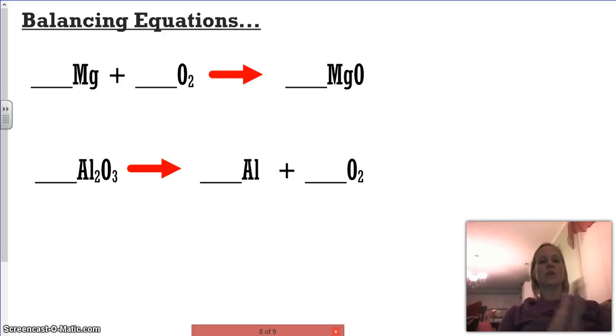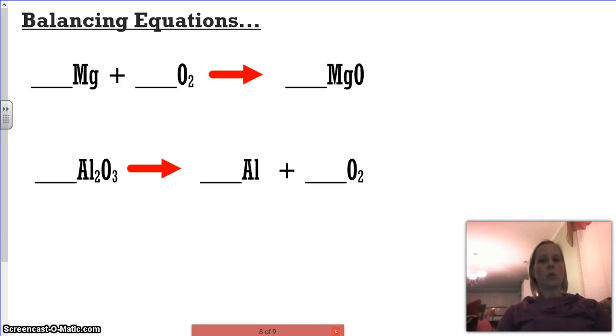So let's go through and balance equations. Balancing equations tells me exactly how many atoms I need in order to not break the law of conservation of mass. Okay, so we need to be able to balance this out to show you how many Mg's I'm going to need to make sure that this actual chemical formula is legitimate and doesn't go against the laws of nature, which would be this law.